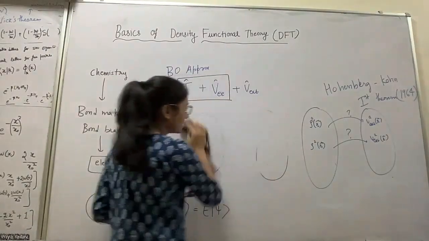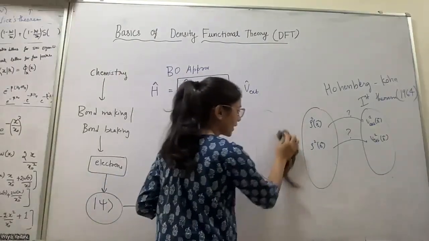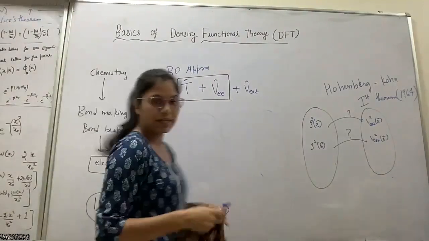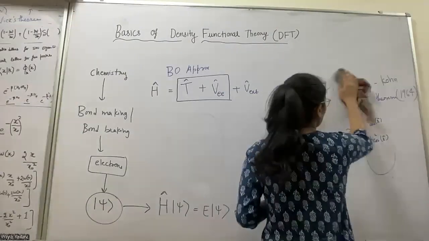I'll just prove the first Hohenberg and Kohn theorem, which is very simple, and it is by simple contradiction.